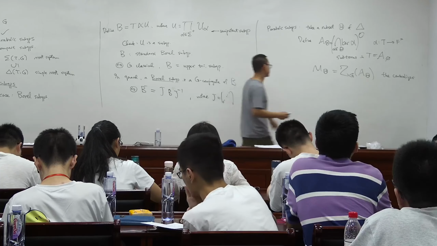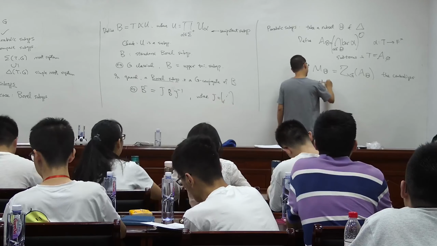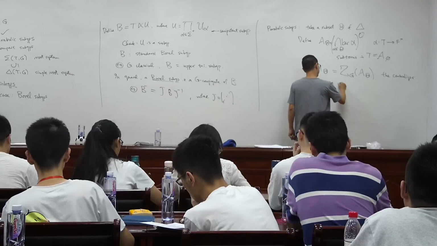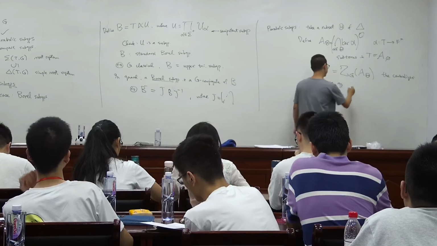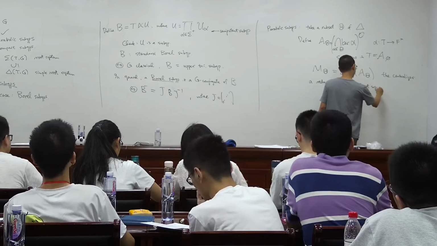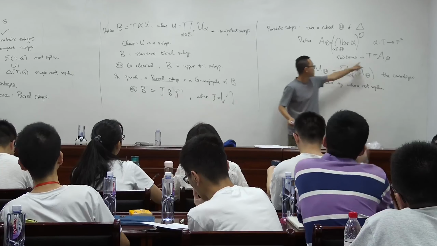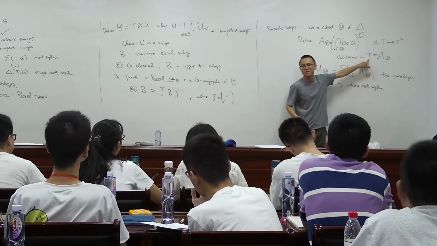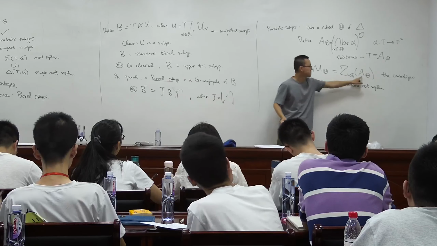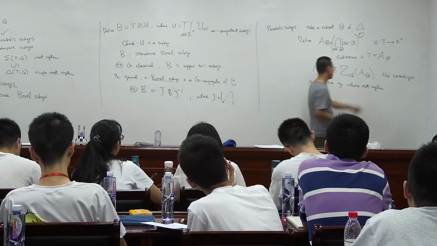And you can check this is a reductive group in G. You can see the centralizer in particular contains T, of course, since T centralizes this subtorus.